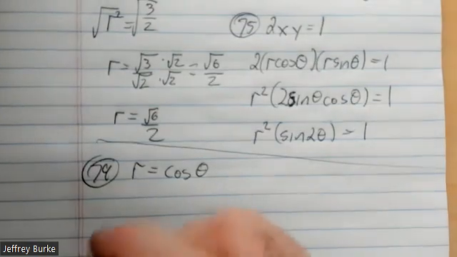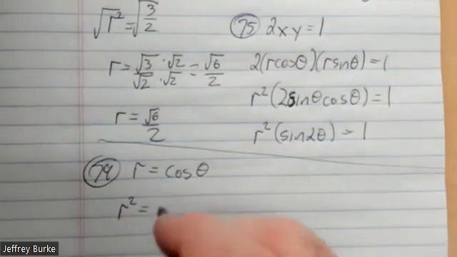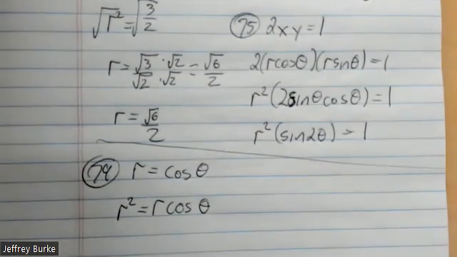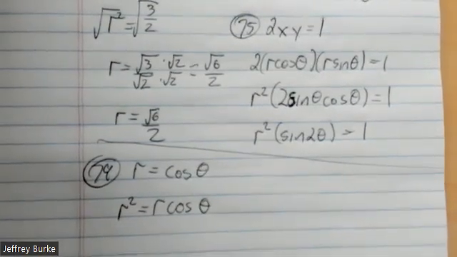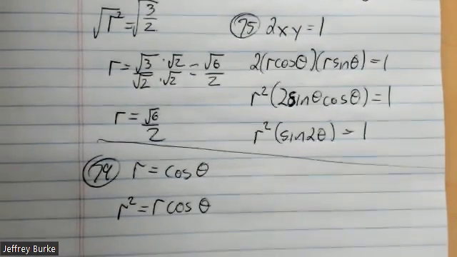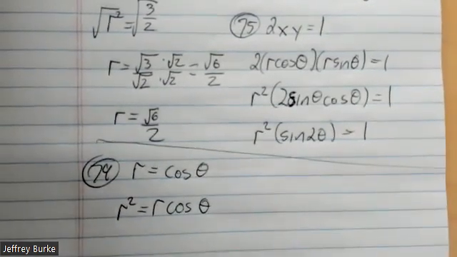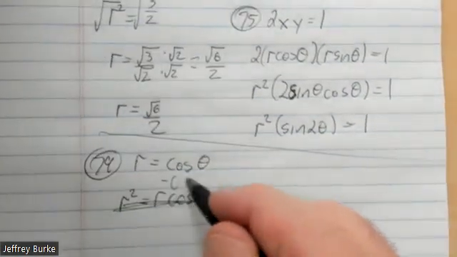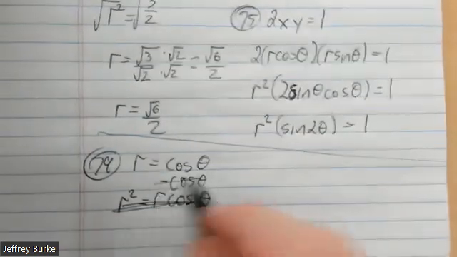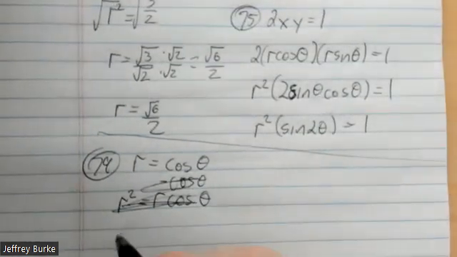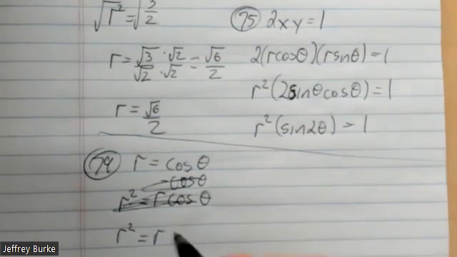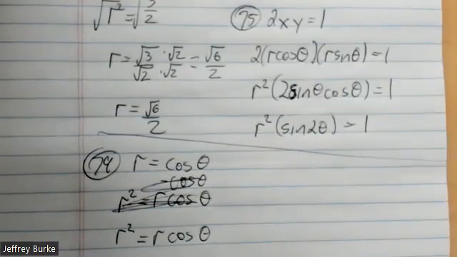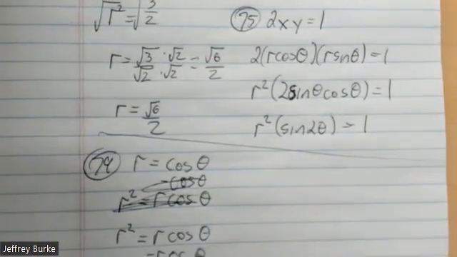So I'm going to multiply both sides by r to get r squared is equal to r cosine theta. Let me subtract r cosine theta.